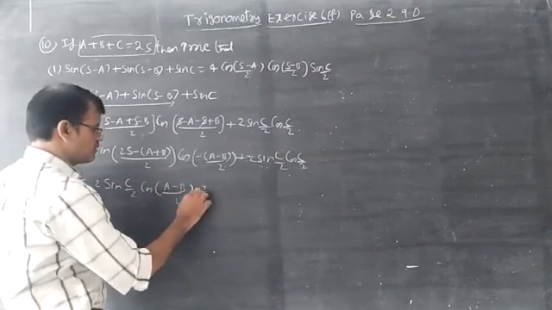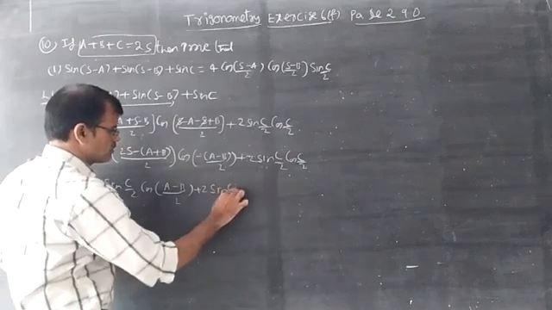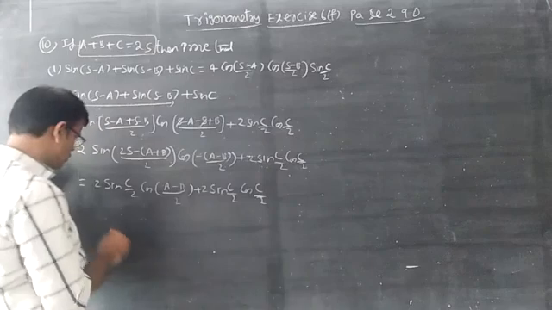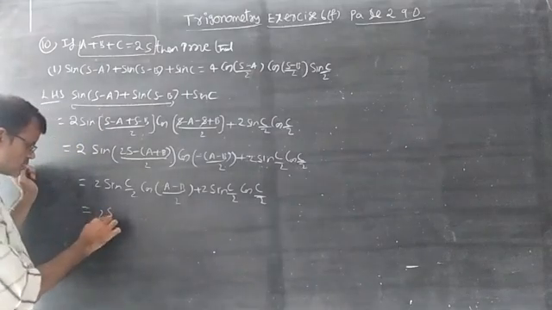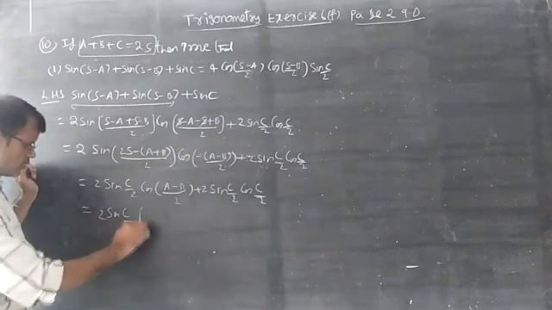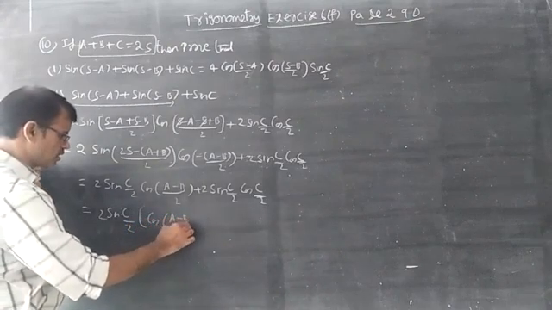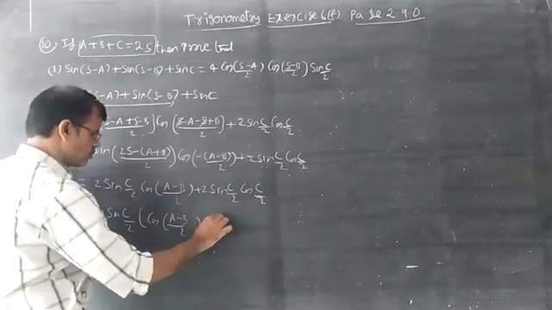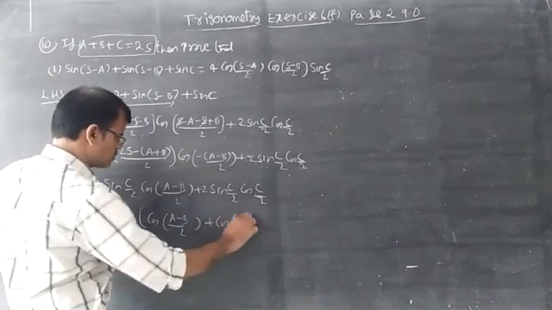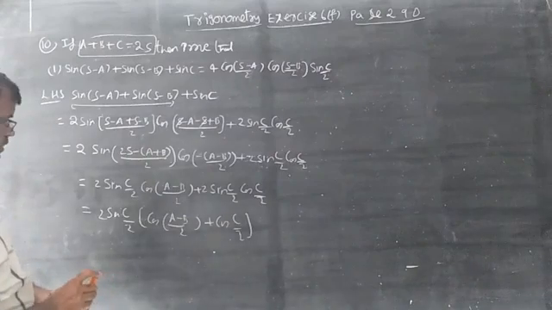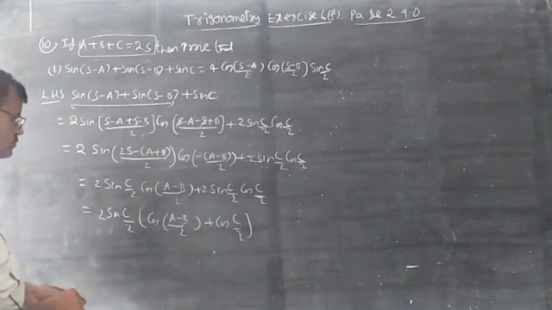Plus 2 sin c by 2 into cos c by 2. That is equal to, now take common 2 sin c by 2. Taken common within the brackets you are getting cos of a minus b by 2 plus cos c by 2, for c 2s minus a minus b.